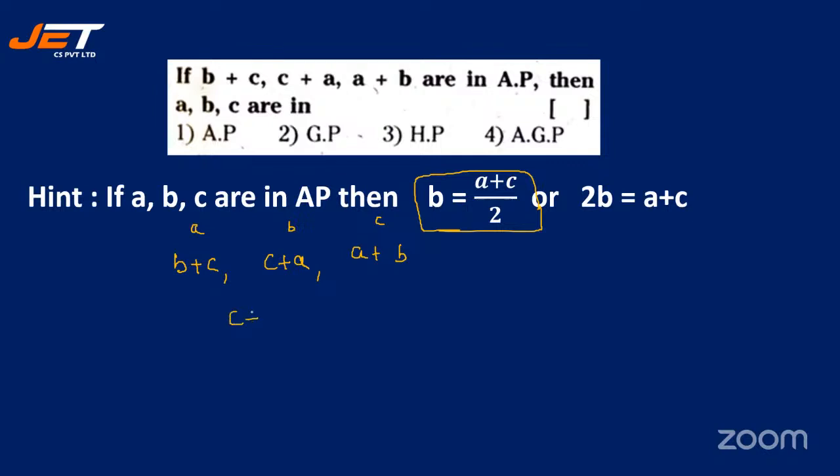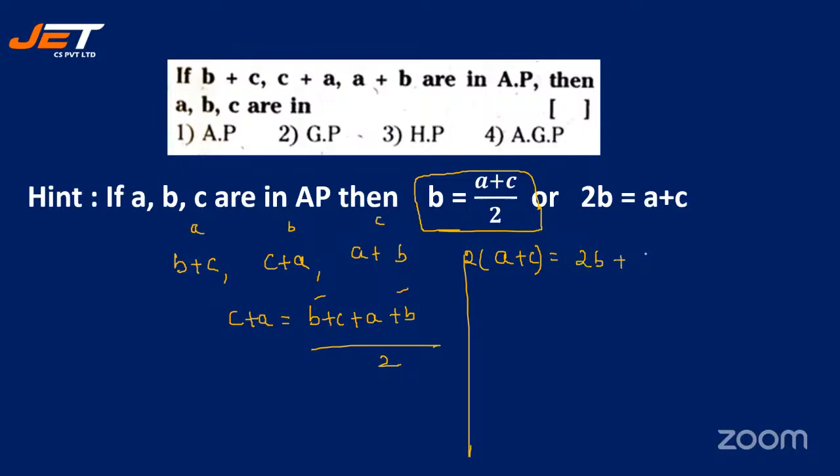B is equal to A plus C by 2, right? So A plus C is equal to, now let us take 2 here.